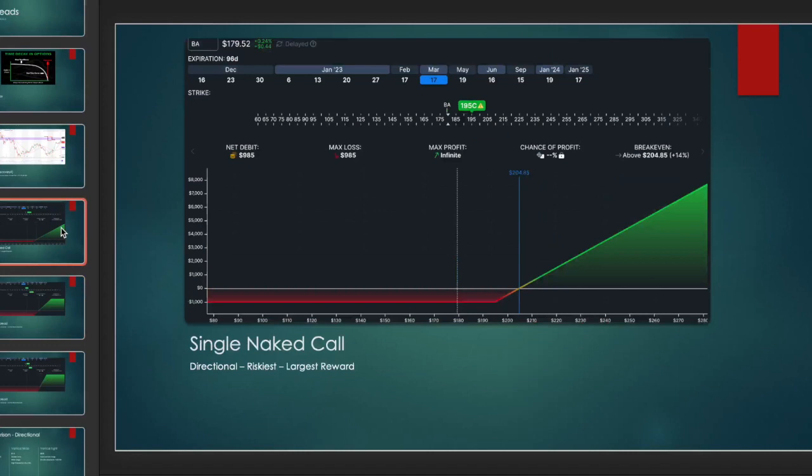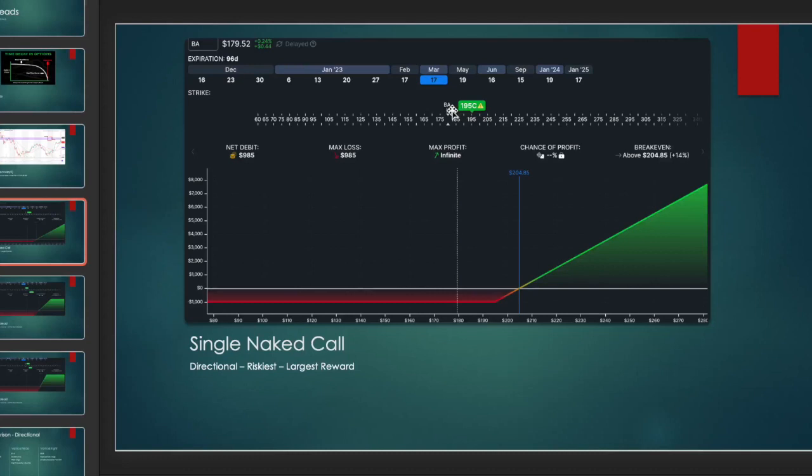When we take the naked call, we do a 195. When you do a spread, you can bring this strike in, which means instead of 195, you can buy a 185. But what happens is the 185 is more expensive. But remember why it's more expensive. They're more expensive because they are more probable.